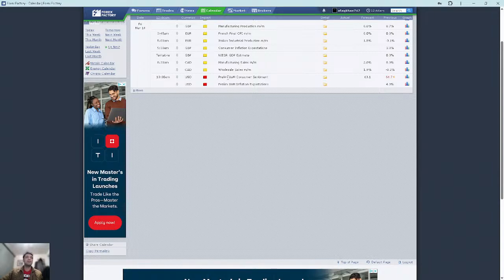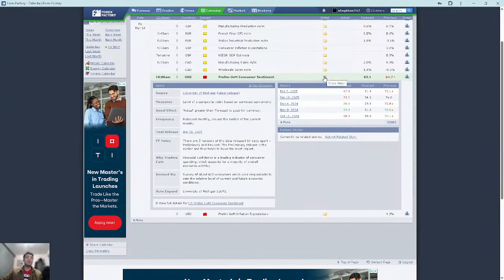And then we have the most important data, the University of Michigan consumer sentiment. It is really important data in the sense that it tells us the level of a composite index based on the survey of consumers. So what are the sentiments of the consumers? The first version is the preliminary release, and 14 days later we would be getting a revised version.